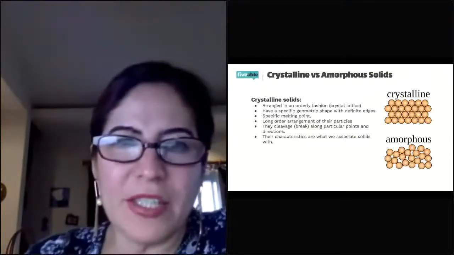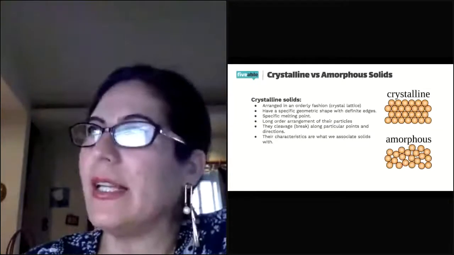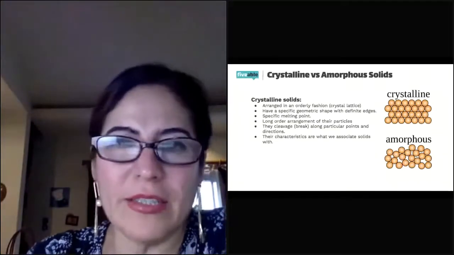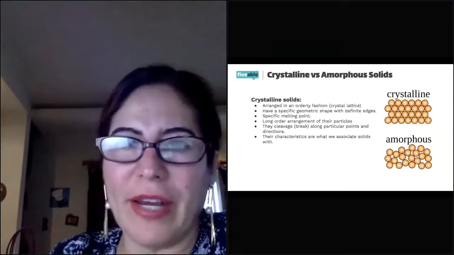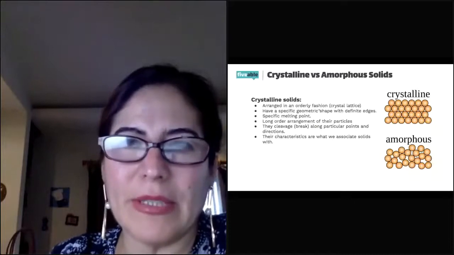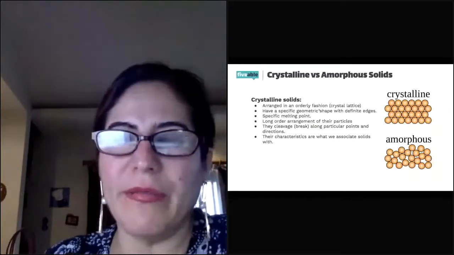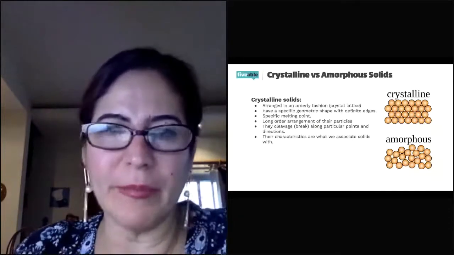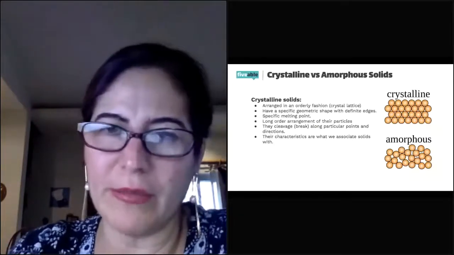The first distinction that we're going to make is crystalline versus amorphous solids. Crystalline solids are arranged in an orderly fashion. They form a crystal lattice. They have a specific geometric shape with defined edges. They have a specific temperature for their melting points and for their boiling points, for that matter.